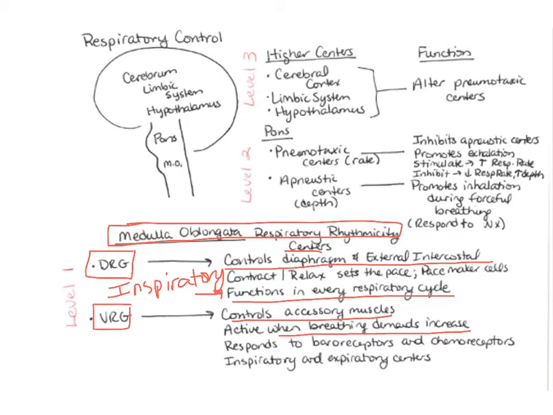It's still in the medulla oblongata, and it responds to baroreceptors and chemoreceptors, which tell it whether it should be stimulated, so you increase inspiration and expiration, or inhibited, so you decrease inspiration and expiration. The ventral respiratory group has both an inspiratory center and an expiratory center.